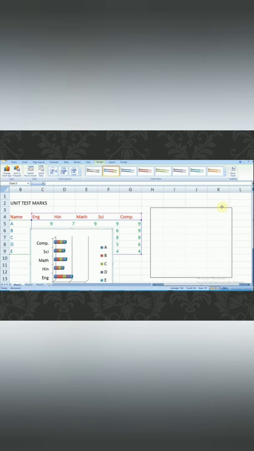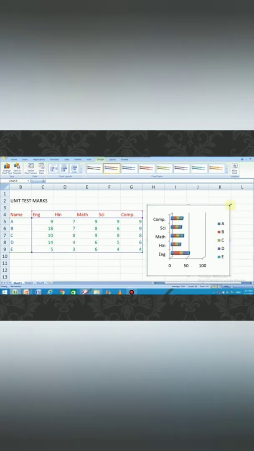Yes students, we move this chart to the proper location on the right side. Yes students, in any chart, firstly you have to look at the legends. The legends are A, B, C, D and E, which are different students of the class. They are represented by different colors.